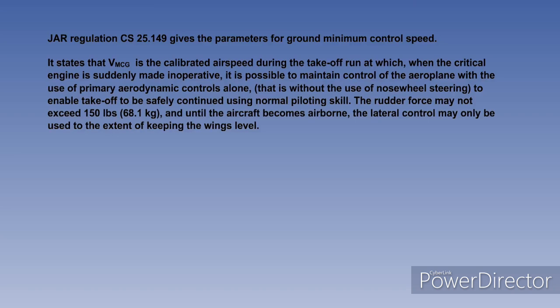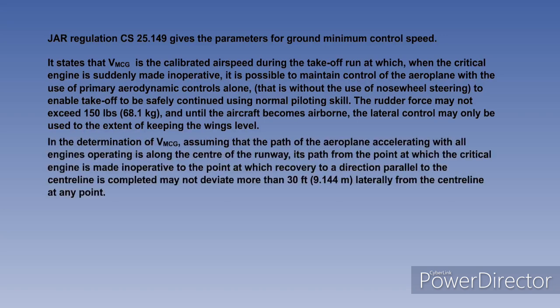The rudder force may not exceed 150 pounds or 68.1 kilos, and until the aircraft becomes airborne, the lateral control may only be used to the extent of keeping the wings level.